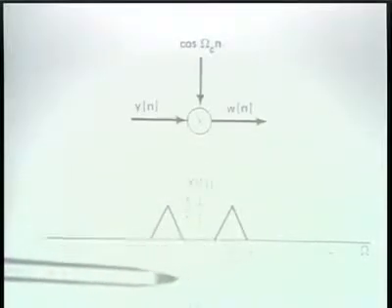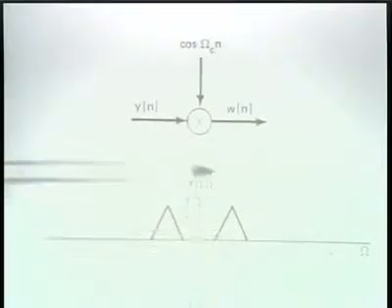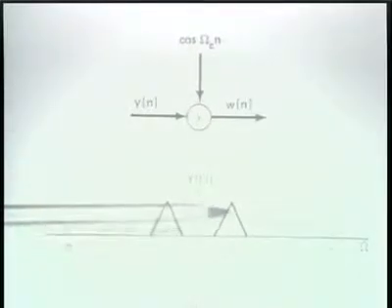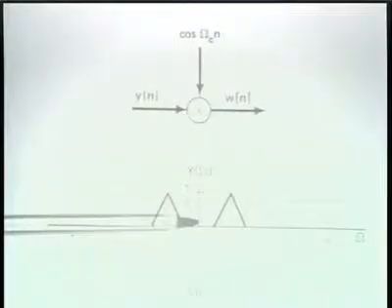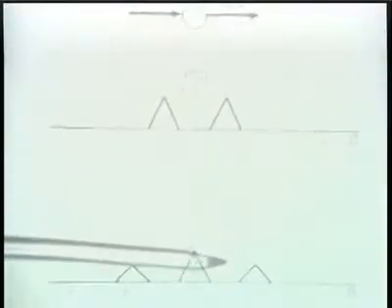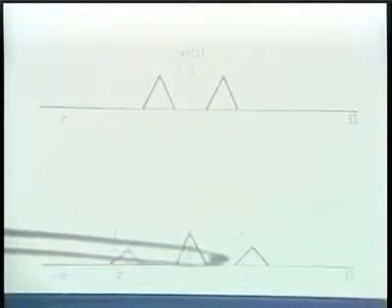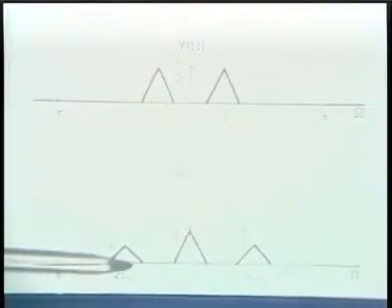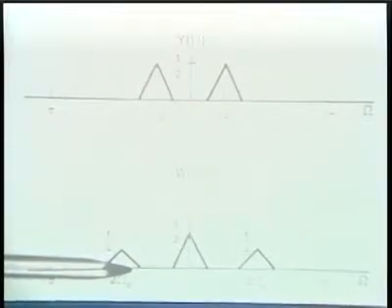When this is again convolved with the spectrum of the carrier, then we get a replication of the original spectrum first around zero frequency, as I indicate here, and then around twice the carrier frequency and minus twice the carrier frequency.